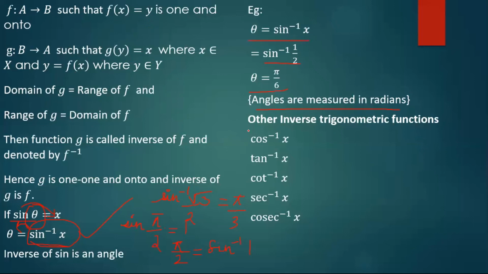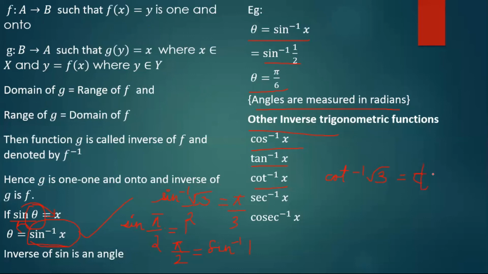Other inverse trigonometric functions are cos inverse x, tan inverse x, then cot inverse. If I say cot inverse, I'll take root 3. If you don't know directly what cot inverse root 3 is, I'll do one thing.